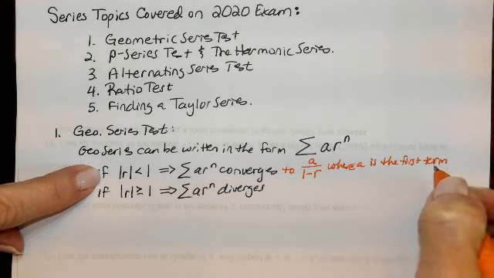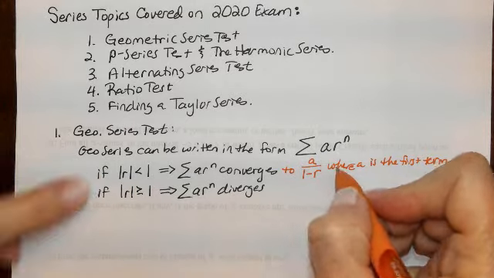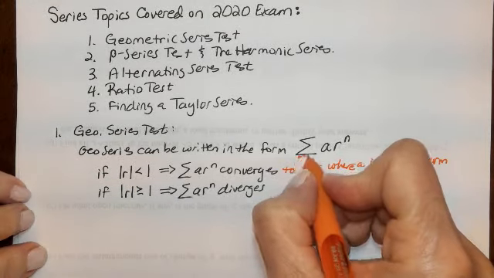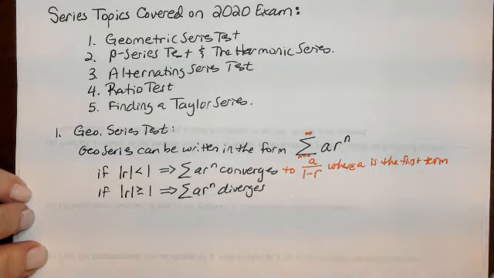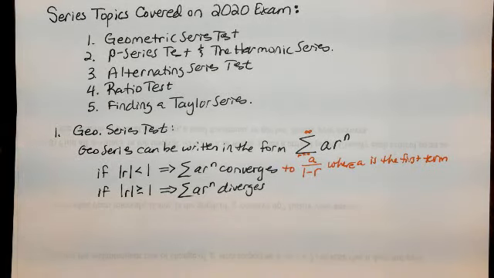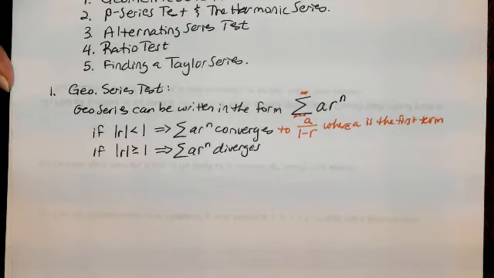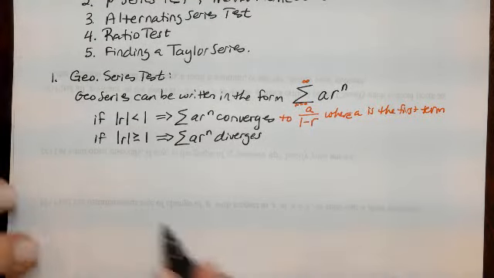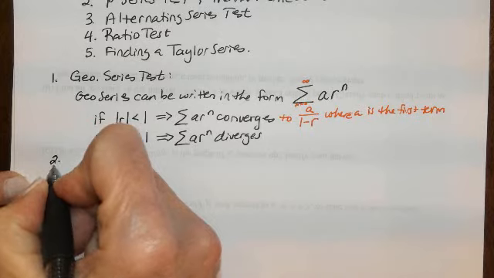Okay? So keep that in mind. So this would be like when n was going from 0 to infinity here, and then a would be the first term. Okay? All right, so that should be really straightforward. We had a lot of problems on that, on geometric series throughout that unit.